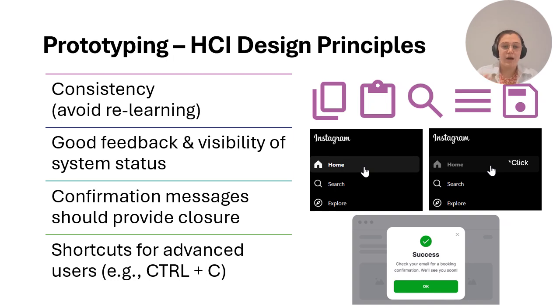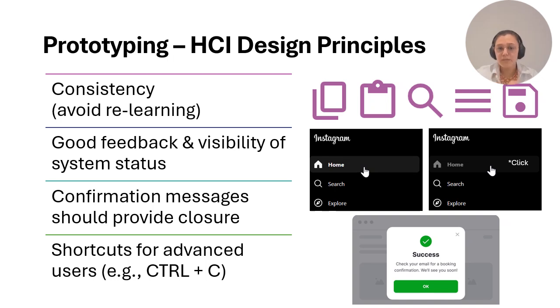So first of all, consistency is really important with technology. You don't want to have to relearn how to use an application or a website every time you come across a new website, a new application, or any other piece of technology.